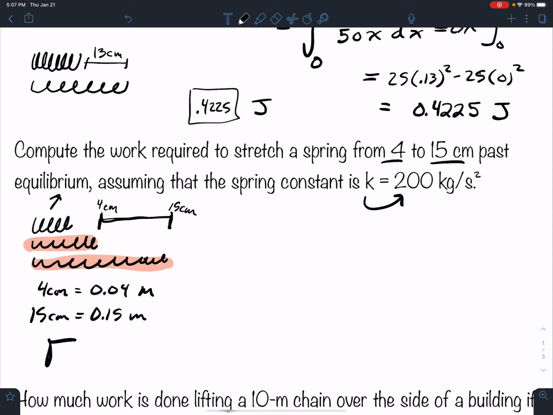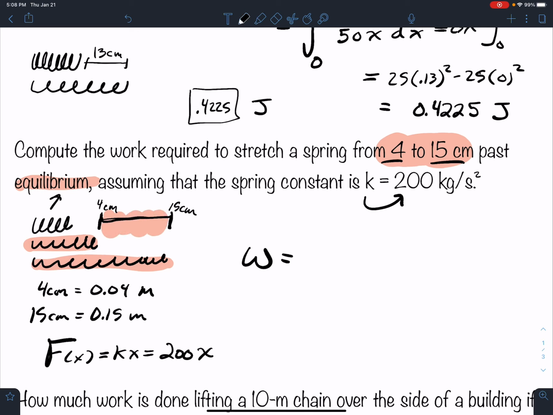So that means my force function is kx for Hooke's law, which is 200x. So the work required to stretch from 4 centimeters to 15 centimeters past equilibrium, that's this part right here, is the integral from 0.04 to 0.15 of 200x dx.